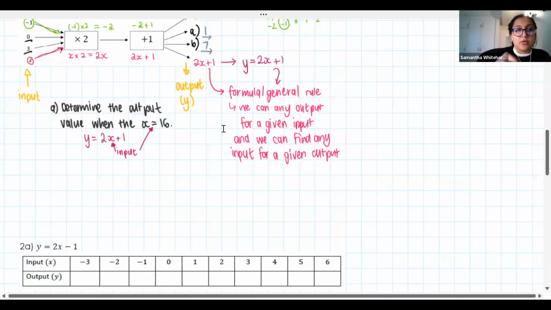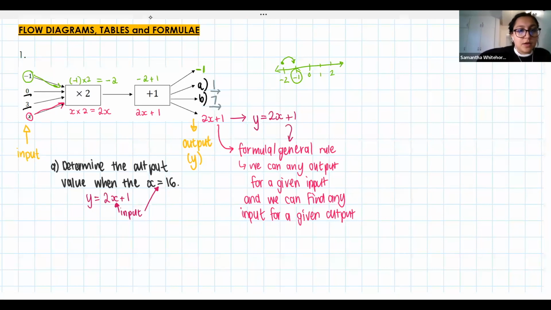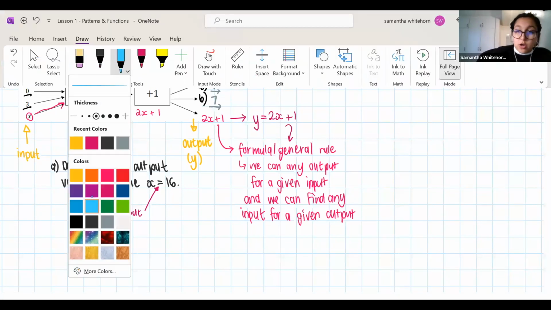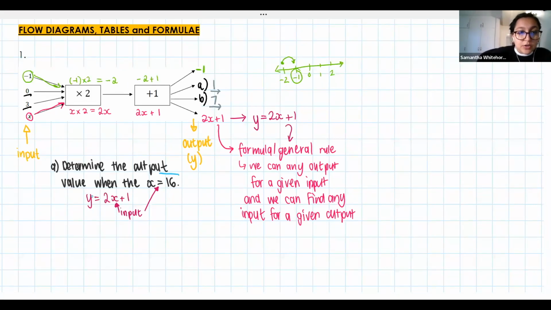Alrighty, so if we now go and work this out, we've got our rule. I'm telling you that X is equal to 16. So where I see an X in my rule, I'm going to substitute it in. So Y is equal to 2 times 16 plus 1. We know that 2 times 16 is 32 plus 1.